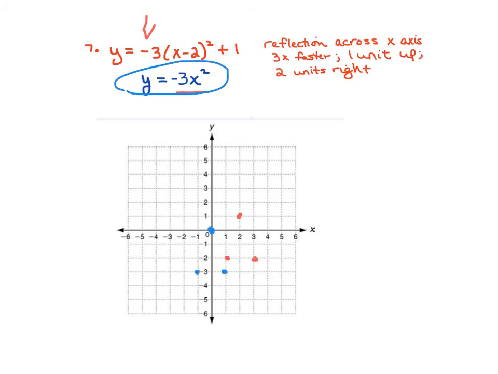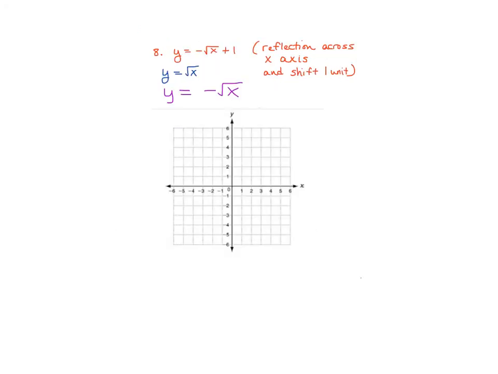And again, you can connect your points and graph your function. So that would be the new graph that's been reflected, going 3 times as fast, 1 unit up and 2 units to the right.